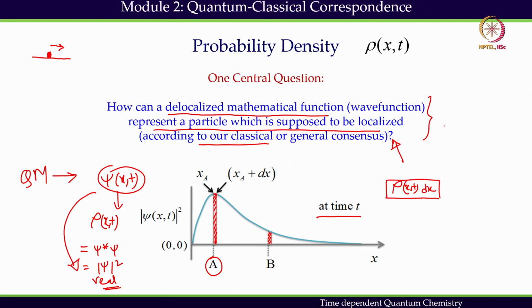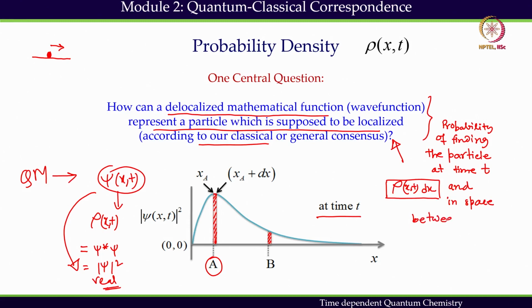So, this is something which I should write down. This is called the probability of finding the particle at time t and in space between x and x plus dx interval.